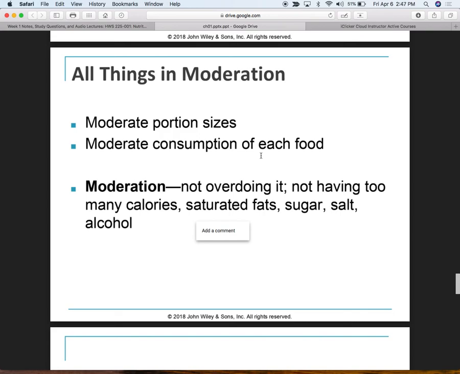We know that it's not just important in terms of balancing calories, but that there's mind tricks. There's things in our mind that are different when we practice moderation.